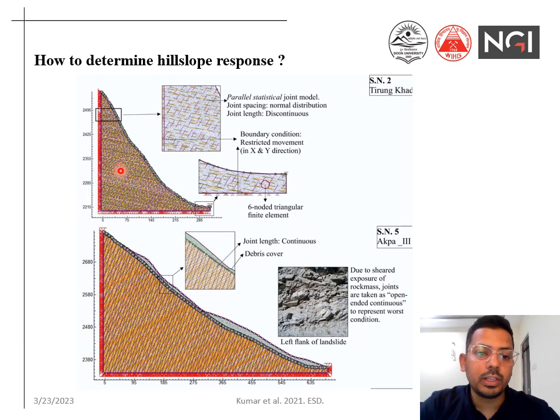Extreme rainfall load is based on the extreme rainfall at this location in the last 20 years. And these are the joint models. You can use different joint models based on the field conditions. So these two slope sections I have taken from my paper on the landslides of Satluj Valley. So this is the configuration of finite element modeling of slope sections to determine the response.